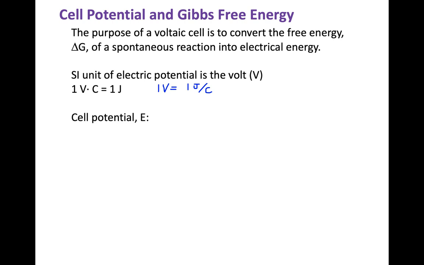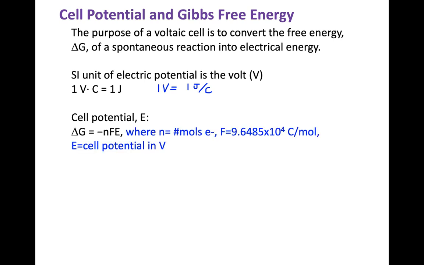So our cell potential, which we're going to use the letter E to represent, is the difference in voltage between our two electrodes, or EMF. And that is connected to the Gibbs free energy change in the following equation, right?